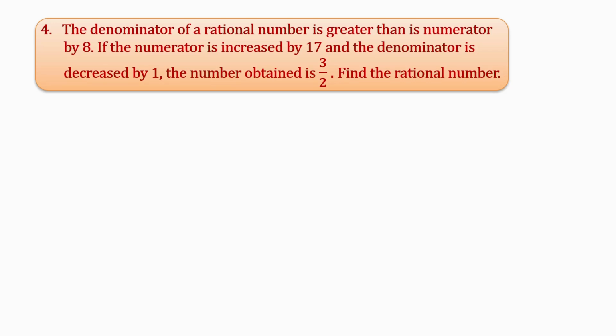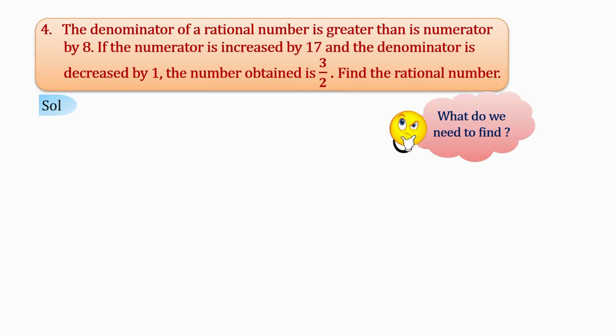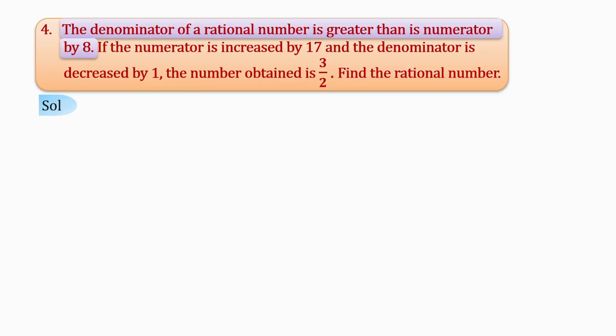So find the rational number. So here what do we need to find? We have to find the rational number. Rational number means p by q form, that is numerator by denominator. So one clue is given between the numerator and denominator, that is the denominator is greater than its numerator by 8.